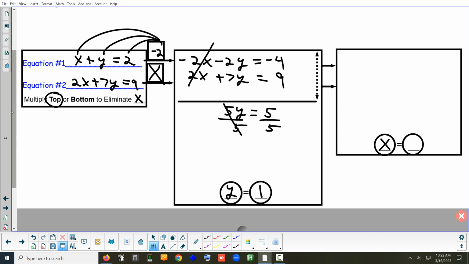And which one? I think this time there's definitely an equation that looks easier. I think equation 1. Yeah, equation 1, a lot easier. Numbers are much smaller. So take the 1 and plug the 1 back in for the y, now that you know what it is. So x plus 1 equals 2.